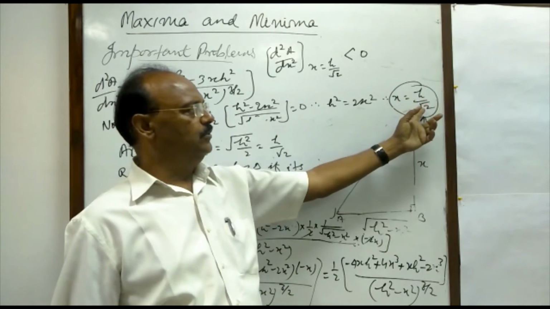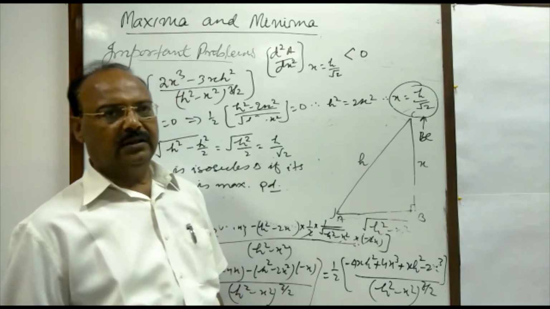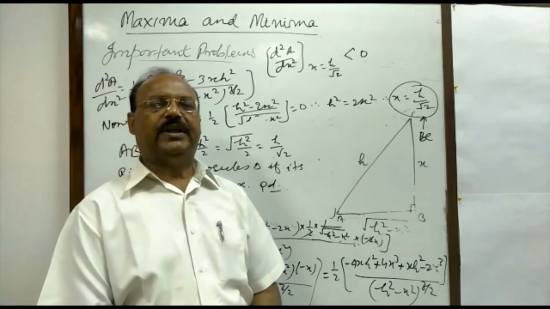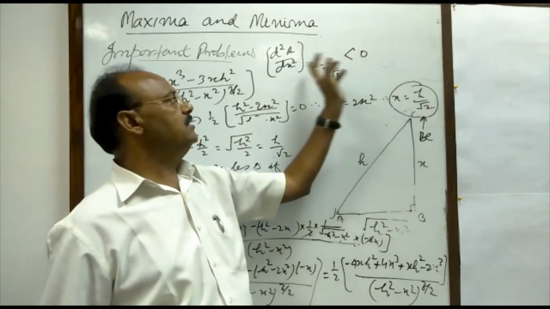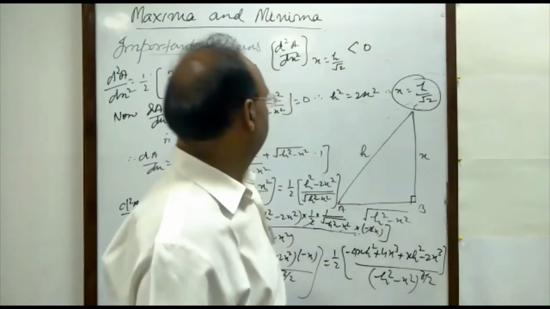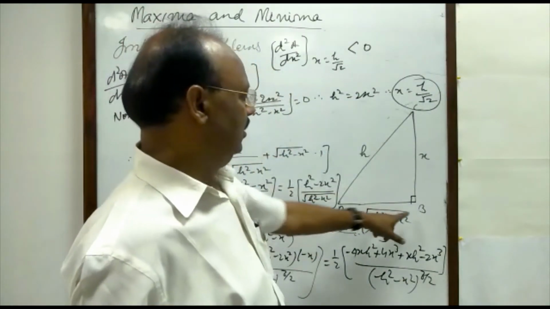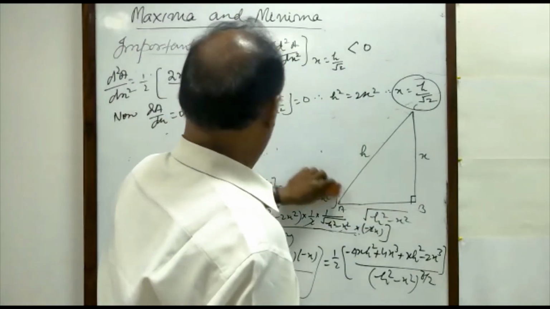Here right angle triangle has maximum area at x equal to h by root 2, since the second order derivative is negative.